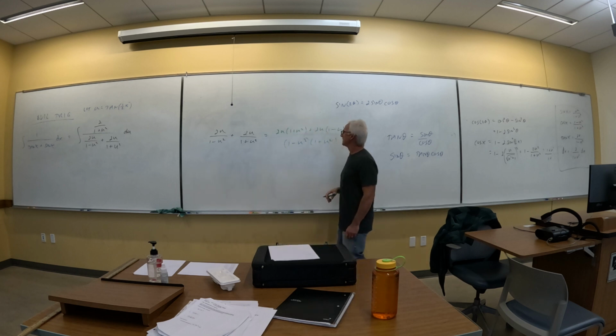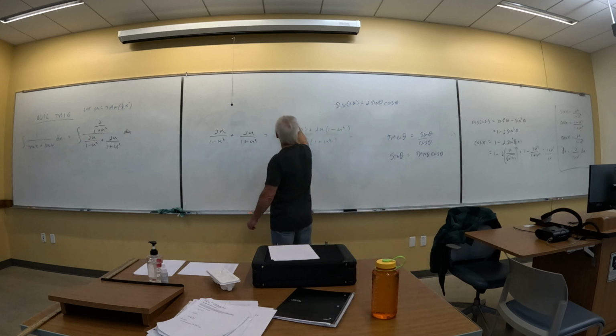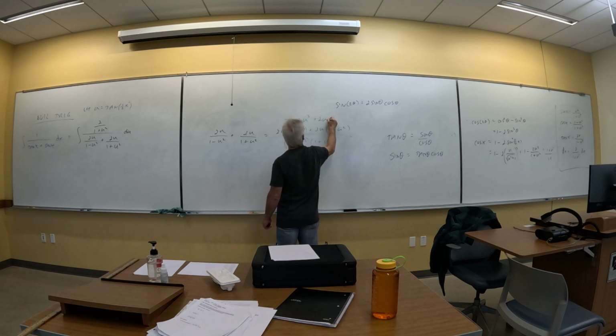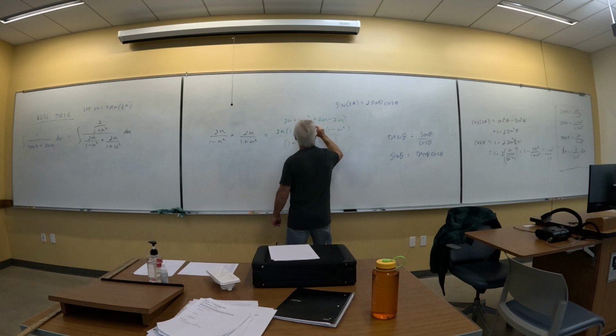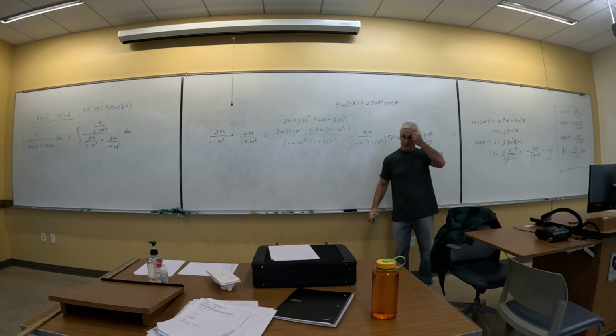We agree with that? So on top I'd have 2u plus 2u cubed plus 2u minus 2u cubed. Ooh, I like that. So now I have 4u on top, 1 minus u squared, 1 plus u squared on the bottom. Okay?